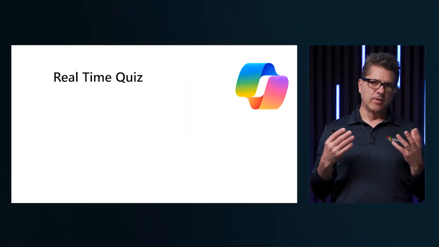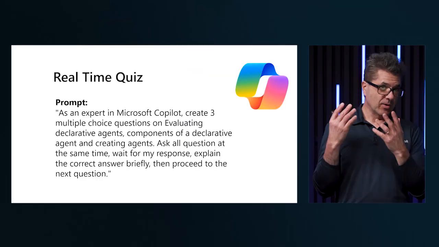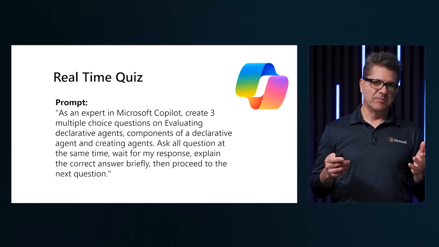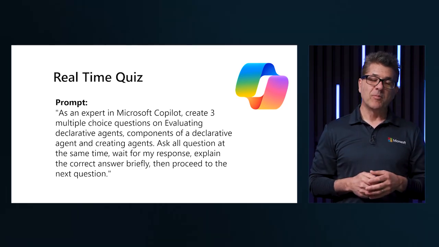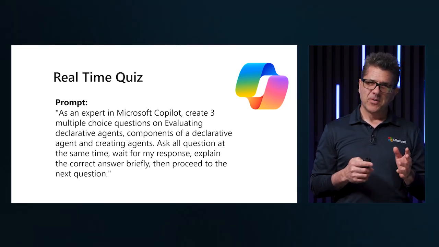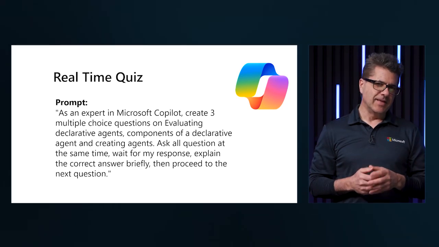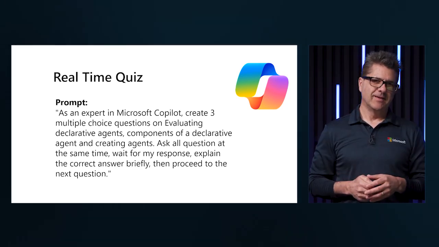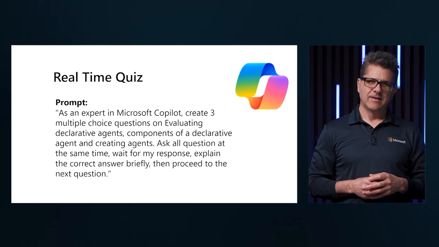Now it's time for a real-time check, a real-time quiz. Just as we did before, we are going to leverage Copilot, but this time we are not going to run the quiz. This is my gift to you. This is your prompt.